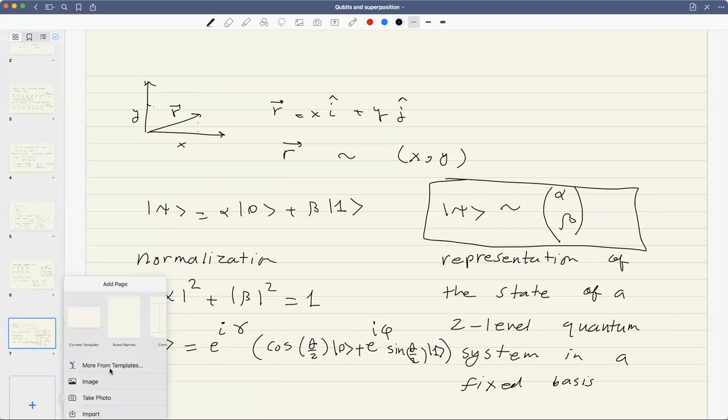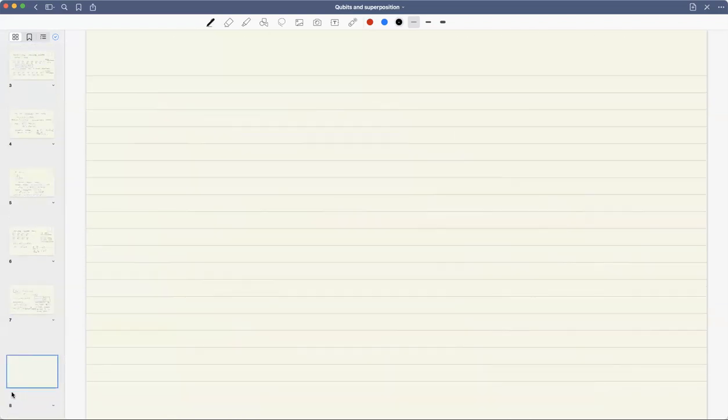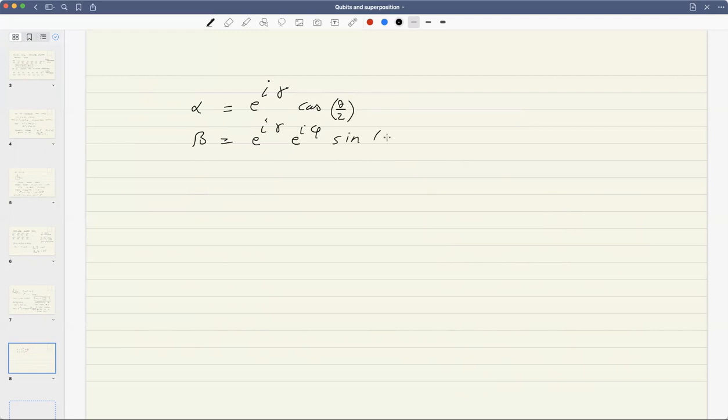And we can check the normalization. So that means that alpha, if I read it off, is going to be e to the I gamma cosine theta over 2. And beta is going to be e to the I gamma e to the I phi sine theta over 2. Okay.